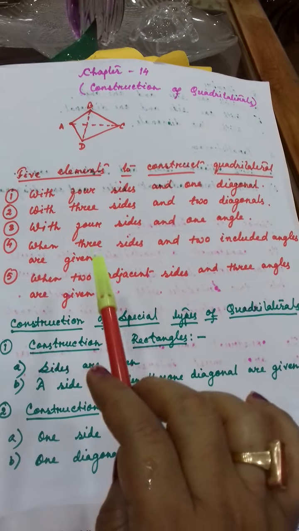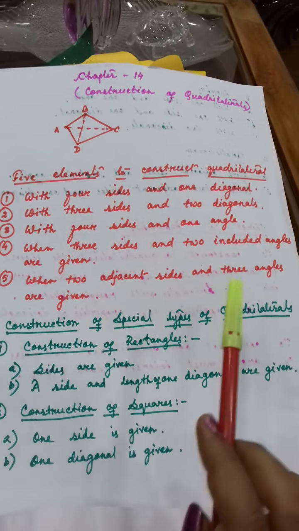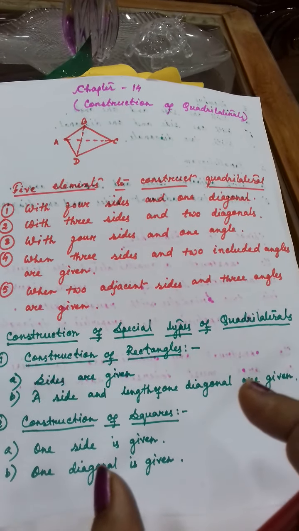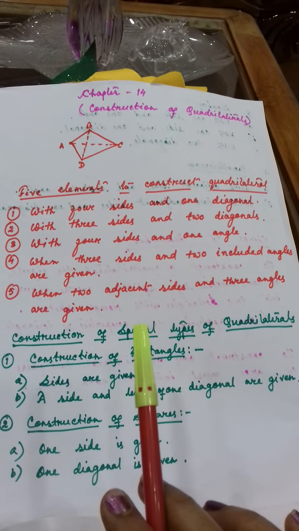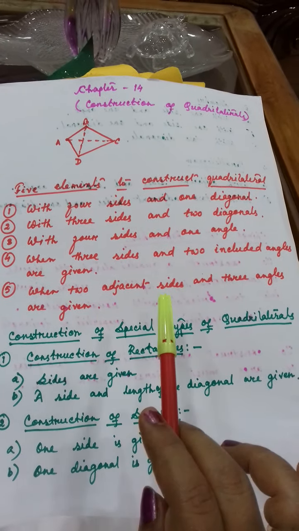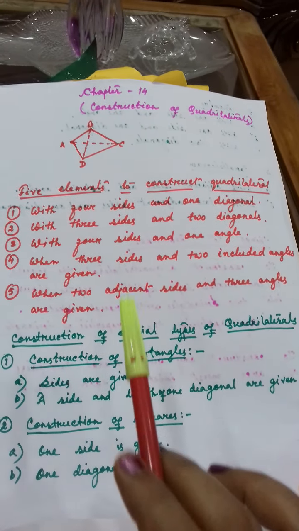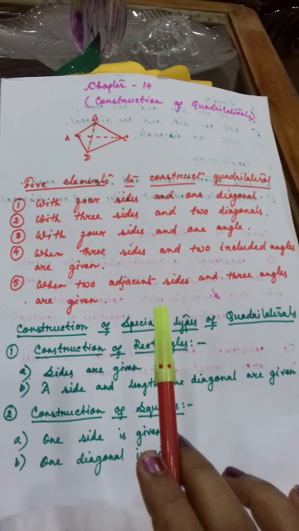Next, with 3 sides and 2 included angles. Included angle means the angle in between the 2 sides. And 2 adjacent sides and 3 angles. So these are the 5 different elements to construct a simple quadrilateral.